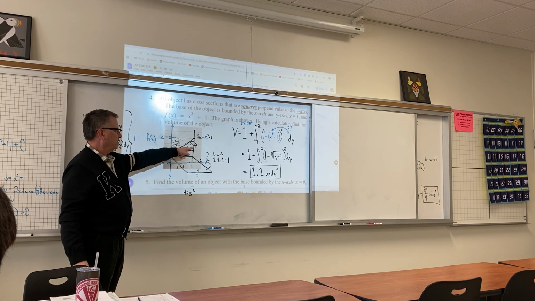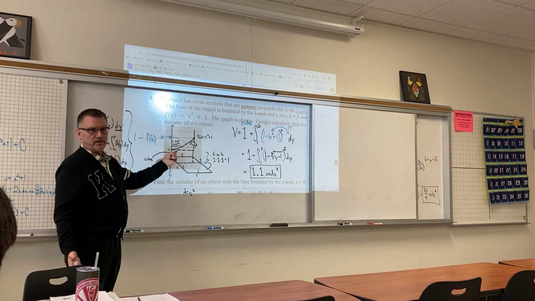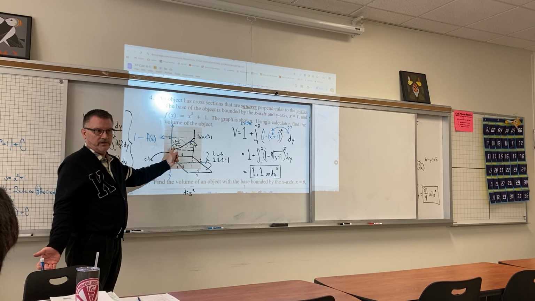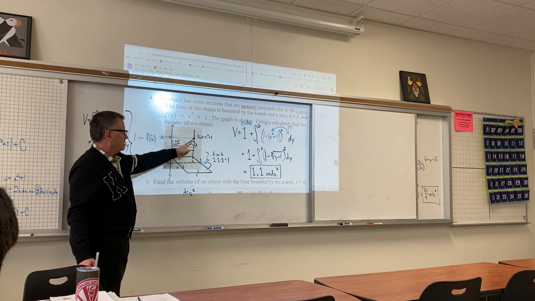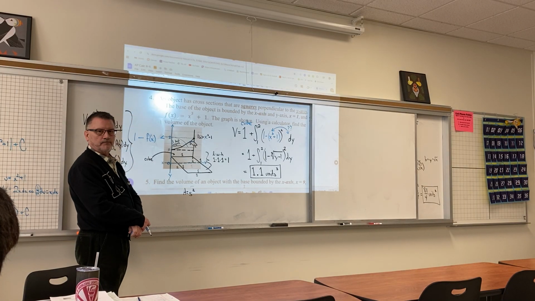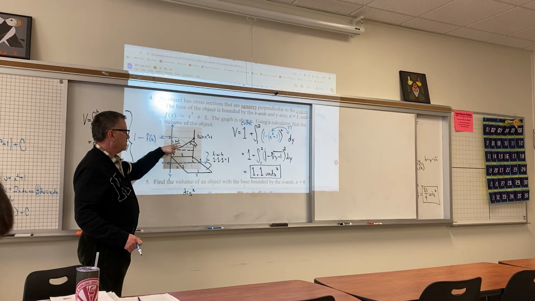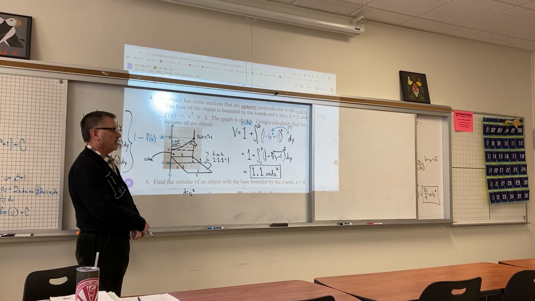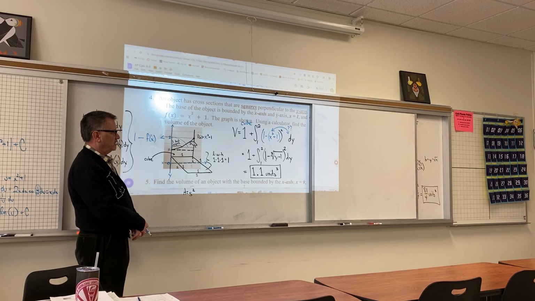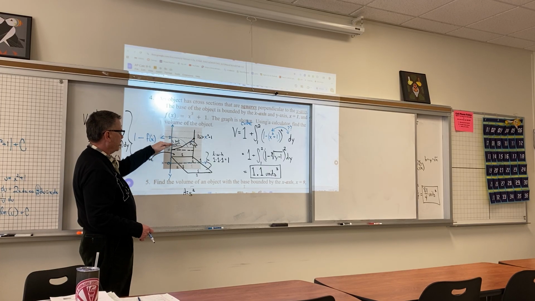Go out to 1, subtract this, just like we did for area, right? This is the part I don't want, and we're doing the integral of area. It will leave me this piece that I do want: 1 minus x cubed plus 1. 1 minus this square. Okay, there we go. The only problem is, I want to do it in terms of y, because these squares are moving across the y-axis.